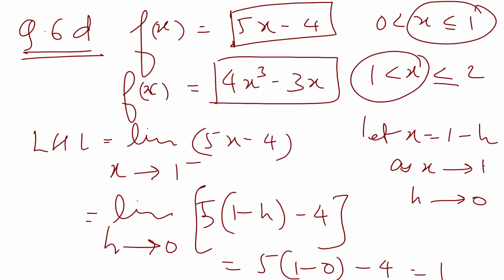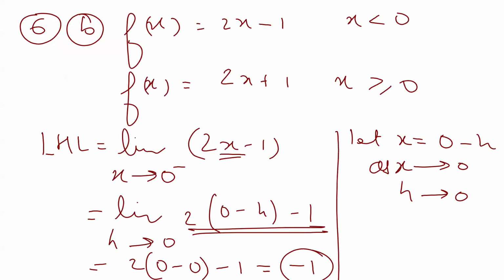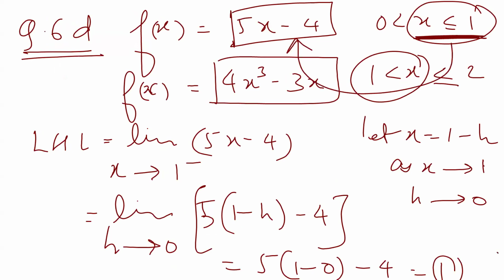Now if you take a look at LHL and RHL, both are same, but then here we need to check the third thing also. F of x exactly equal to 1. Earlier two were very near to 1, but then this is exactly equal to 1. So when I say exactly equal to 1, it is again this function 5x minus 4.